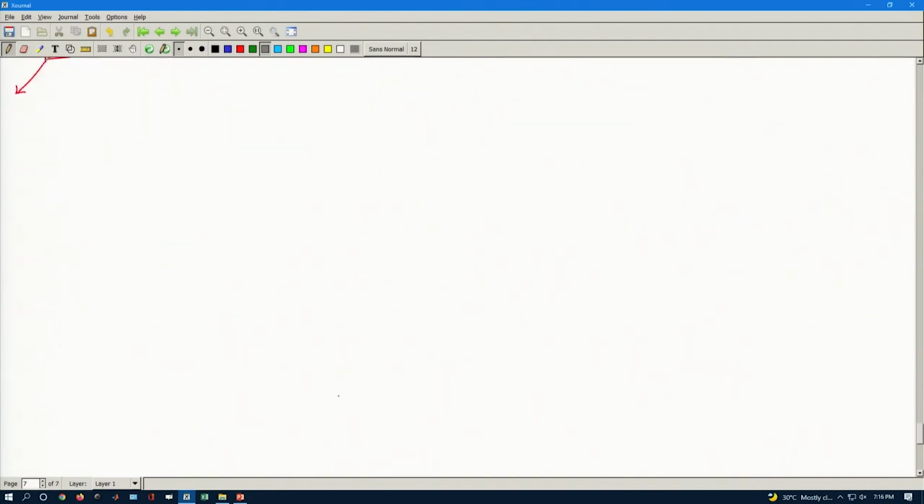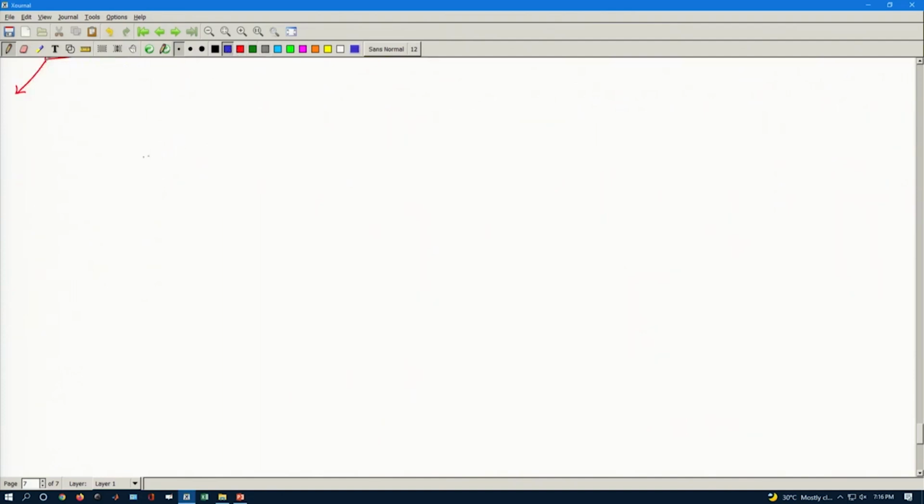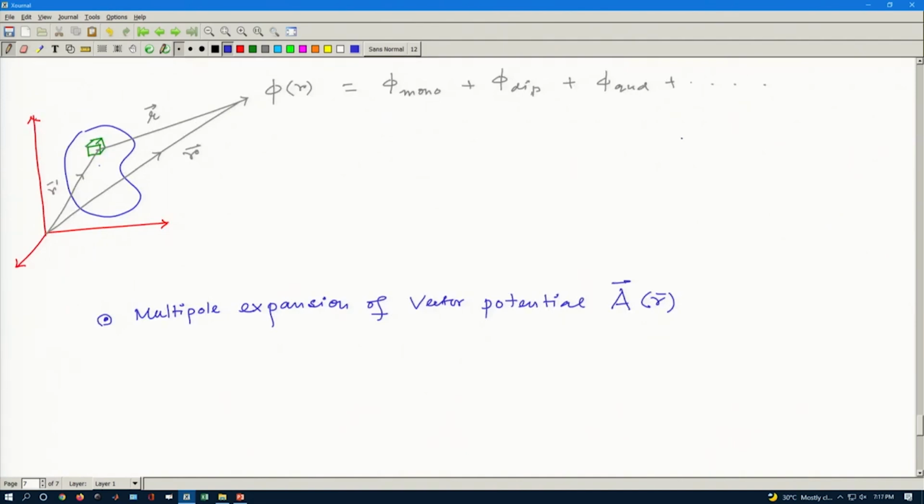We have a similar thing here: the multipole expansion of the vector potential A. Previously we did it for electrostatics, the multipole expansion of the scalar electrostatic potential, and we found that the contribution is a summation of monopole, dipole, quadrupole.